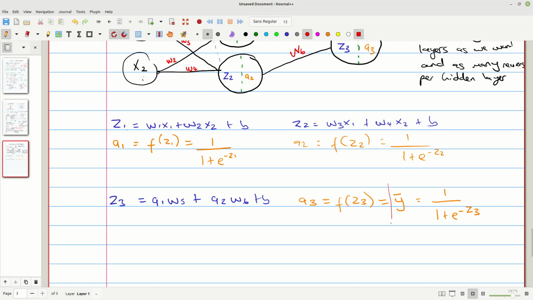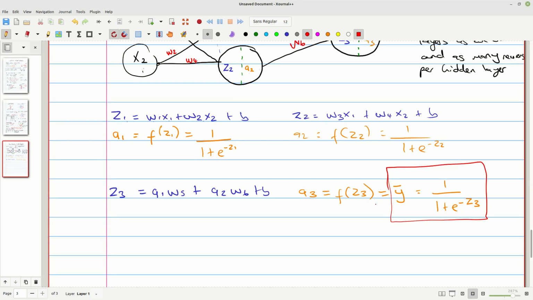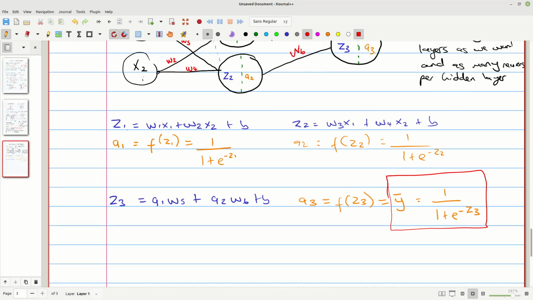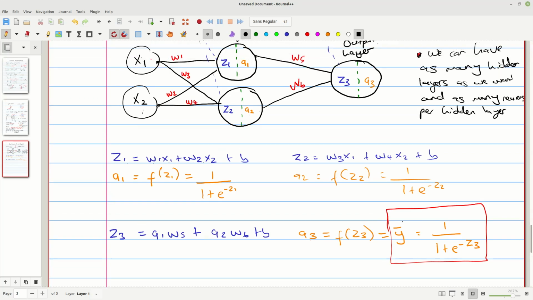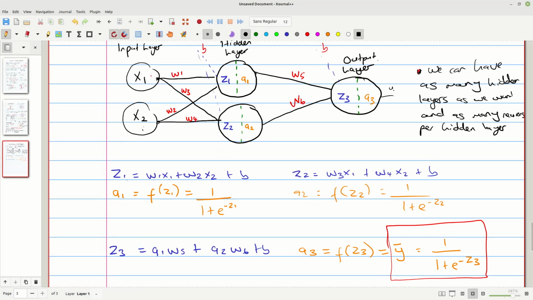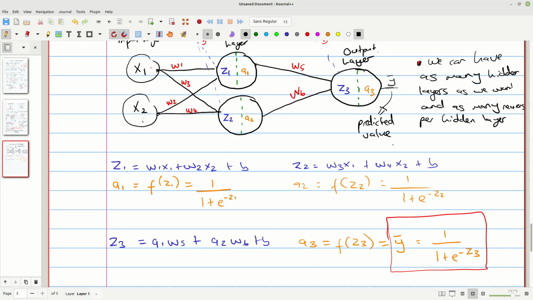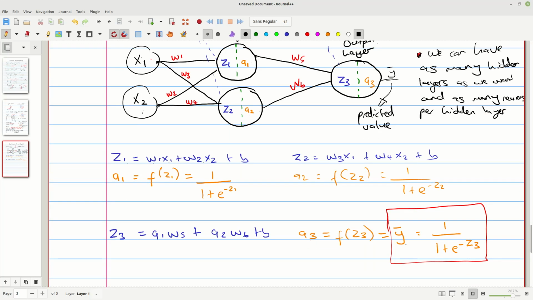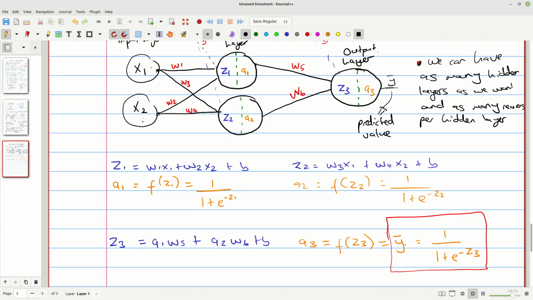What we need to focus on is that y bar, which is equal to A3, is 1 over 1 plus e to the minus Z3. Why am I calling it y bar now? Because the output of this is our prediction, our predicted value. Here we're calling it A3, and also y bar, just to stay consistent with what we were doing before when we were dealing with our perceptrons.